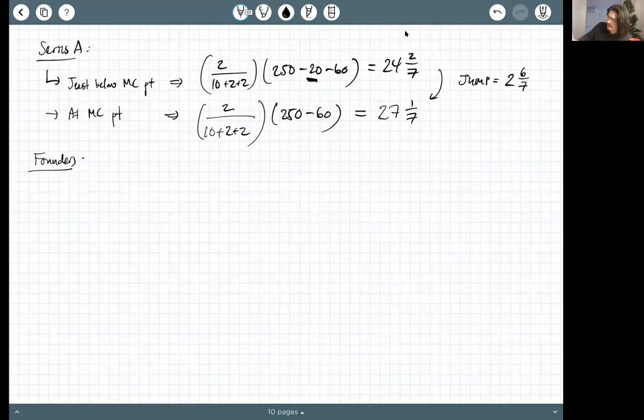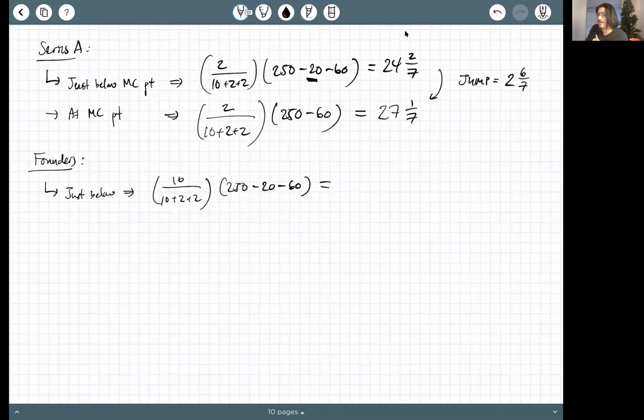What about founders? Right, just below. Founders are getting 10. These equations are pretty much the same, just with 10 million shares rather than 2 million shares. So founders now get, in this particular case, I think it's 121 3/7 million.